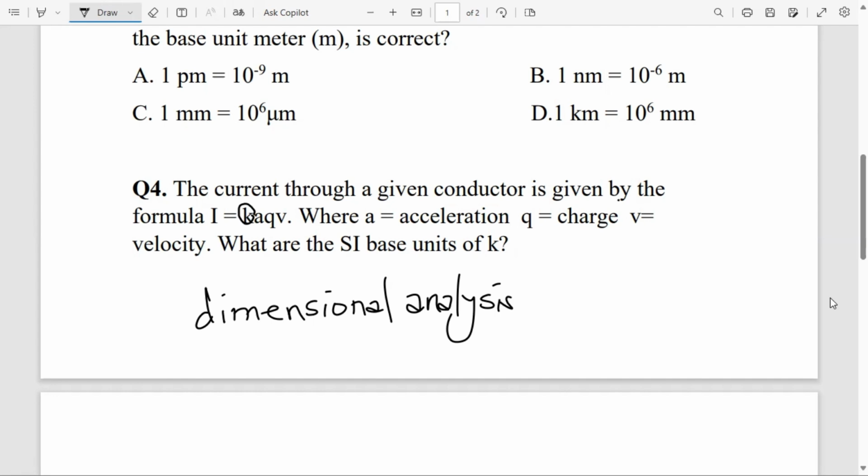Okay, so we'll say I, which is ampere. I'll replace I with A. This will be equal to K, and K is being multiplied to what? To acceleration. And acceleration, we have meter over second squared, multiplied by Coulomb, which is the charge, and this multiplied by velocity, which is meters per second, like that.